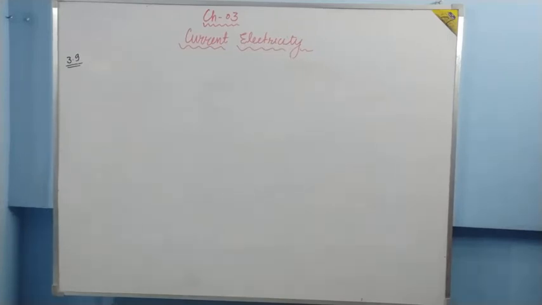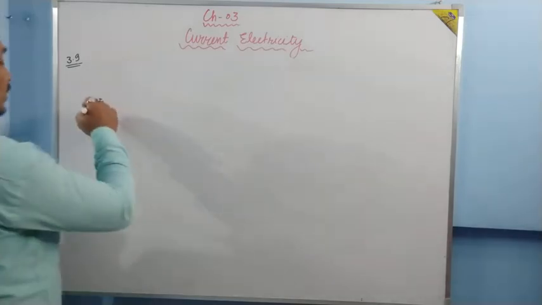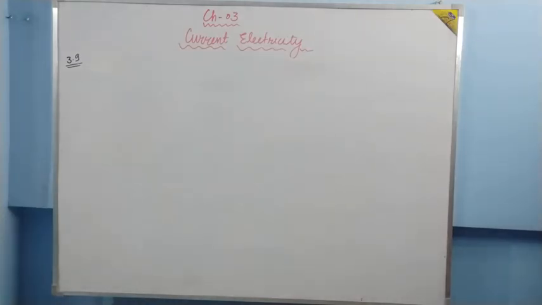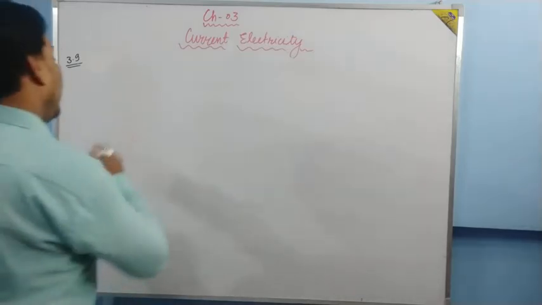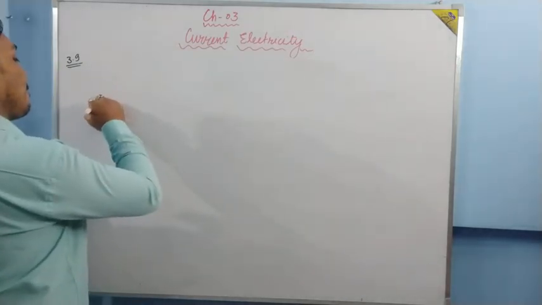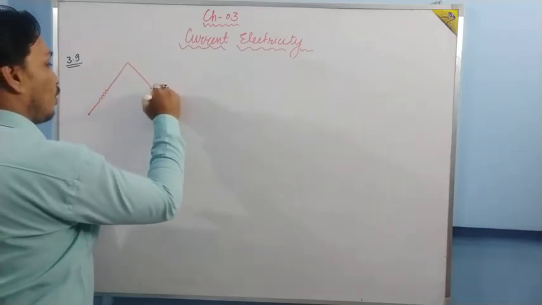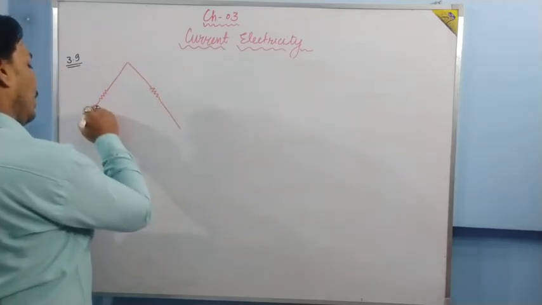Now let us solve question number 3.9. One circuit is given in the question. Let me draw the circuit with another ink. It looks like this.